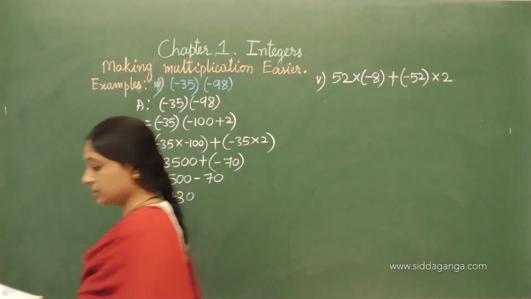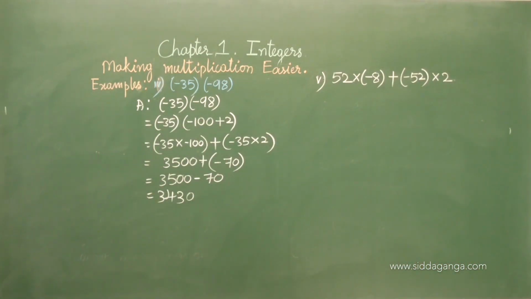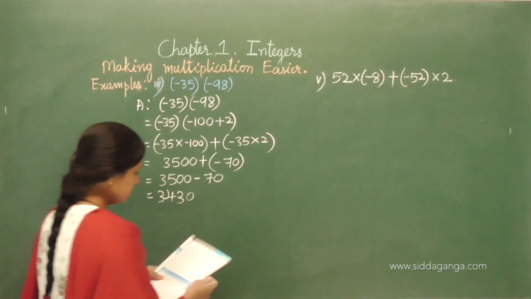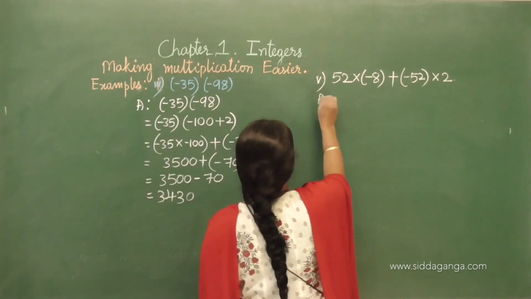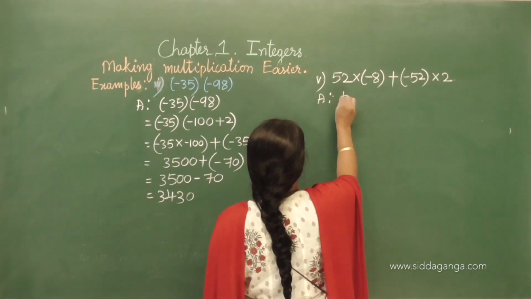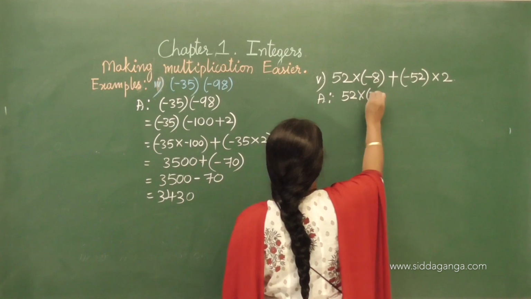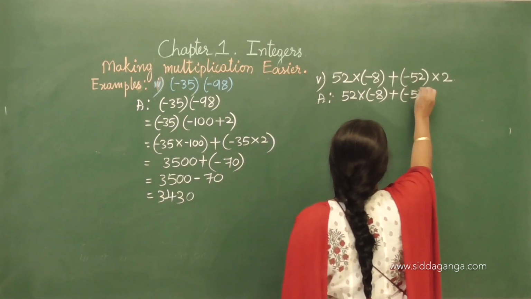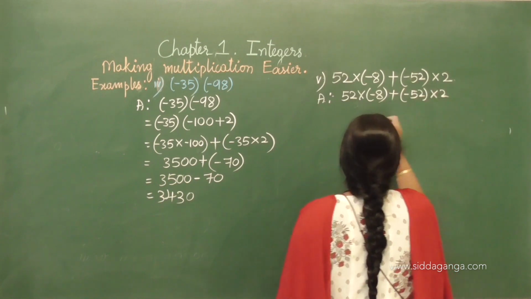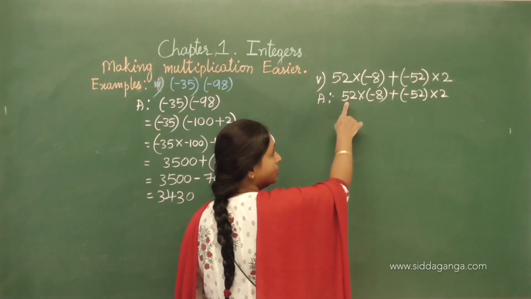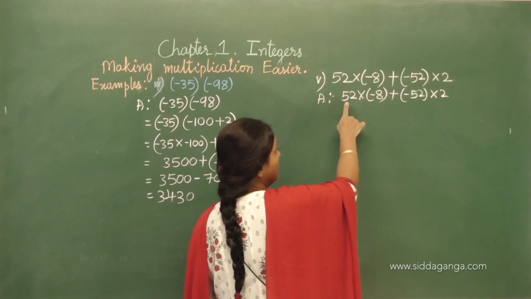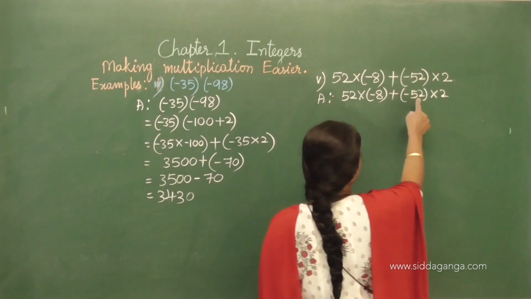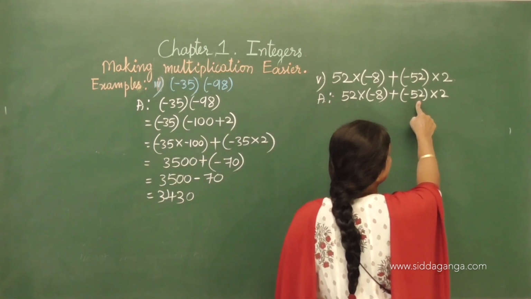So the answer: 52 into minus 8 plus of minus 52 into 2. On this side we have 52 and here we have minus 52.